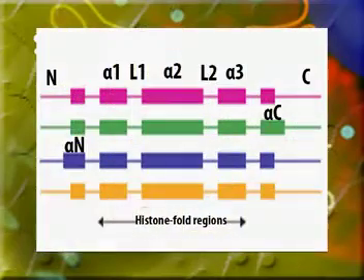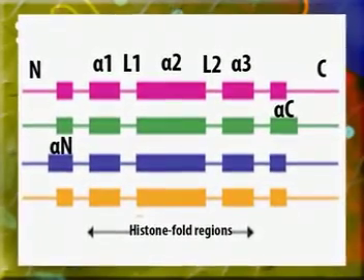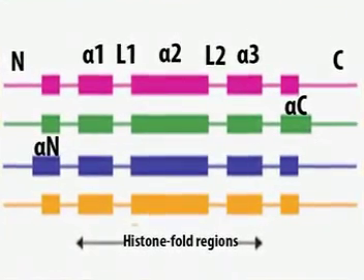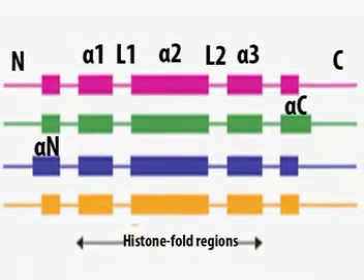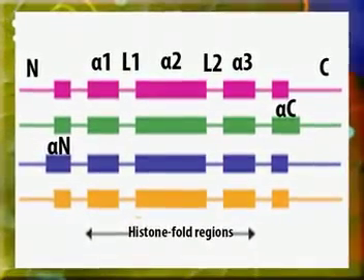The histone fold consists of three helices alpha 1, alpha 2, and alpha 3 connected by short loops L1 and L2 respectively. During dimerization, loop L1 of one of the monomers, for example H3, aligns against loop L2 of the other monomer, that is H4, to form the so-called handshake motif that interacts with DNA.